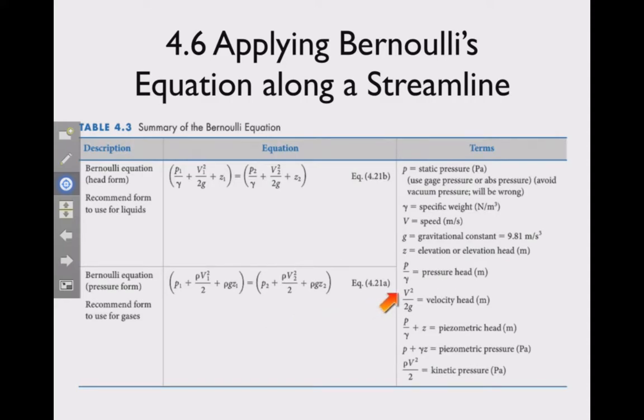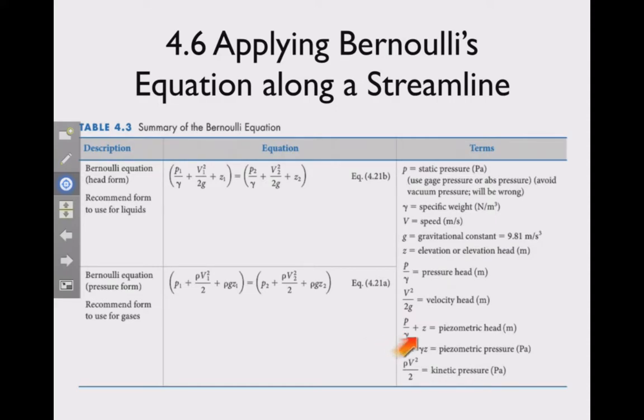I should also mention that P over gamma, this term here, is called the pressure head. And this term here is the velocity head.